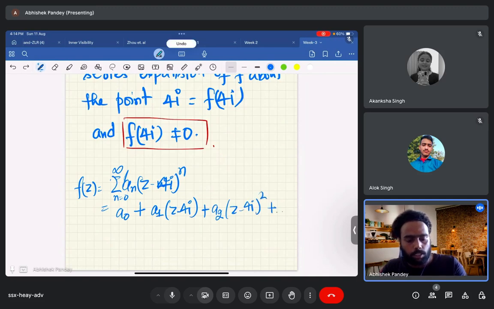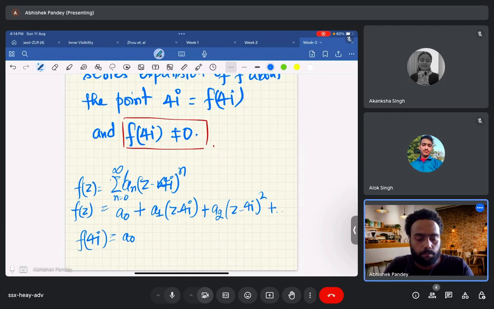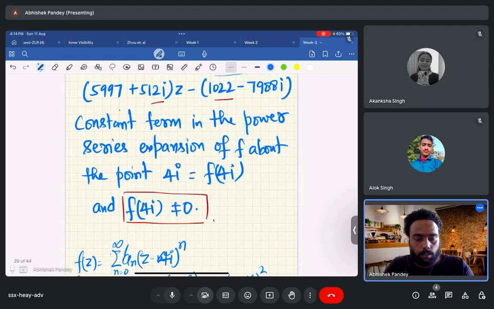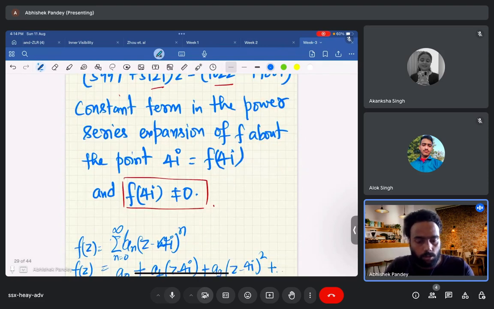So what would be the constant term? How will you get this constant term? If you take f of 4i, what you will get? A naught. So this is the constant term, which is nothing but non-zero.